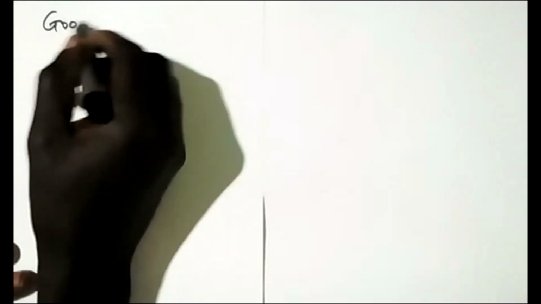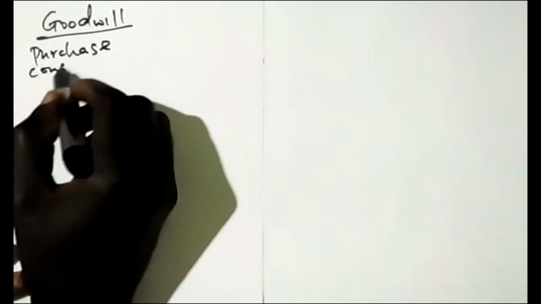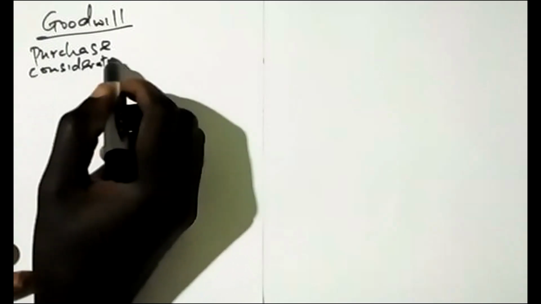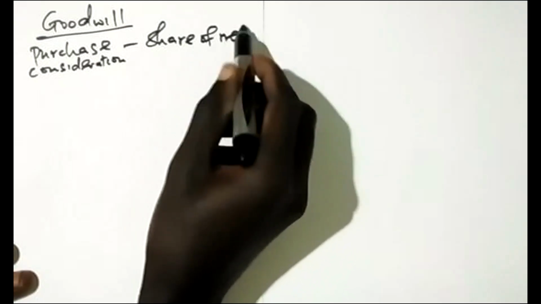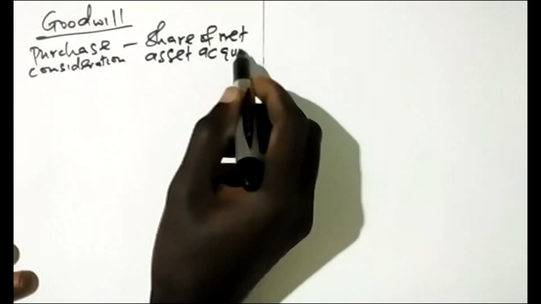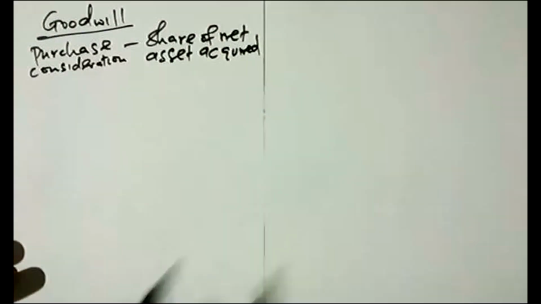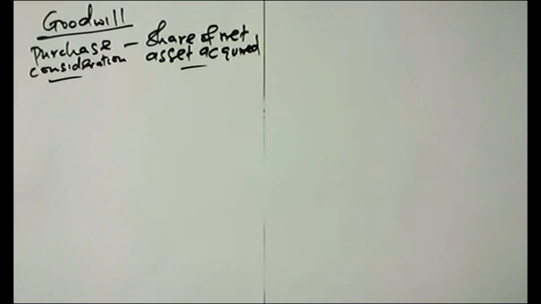Goodwill is equal to purchase consideration minus the share of net assets acquired. The net assets acquired are all equity items which were acquired, and the purchase consideration is the amount paid by the parent company to acquire that investee company.